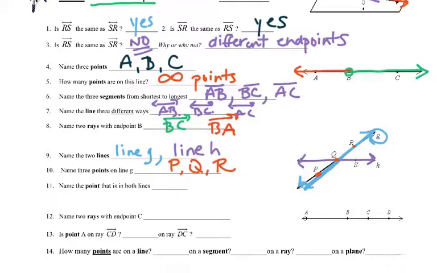What point do you think is in both lines? You are right, Q is in both lines.